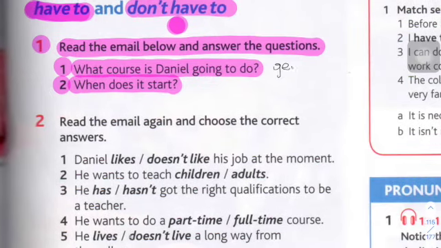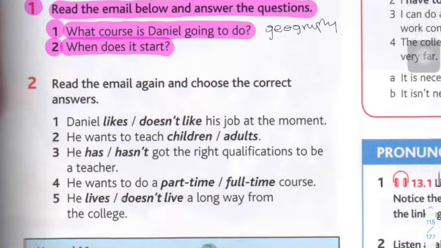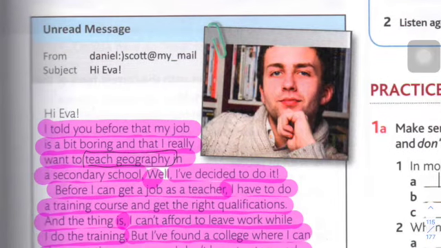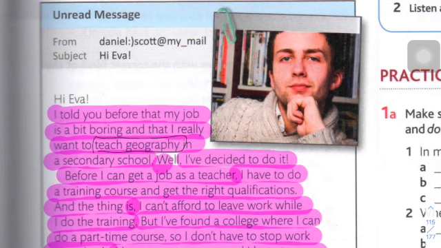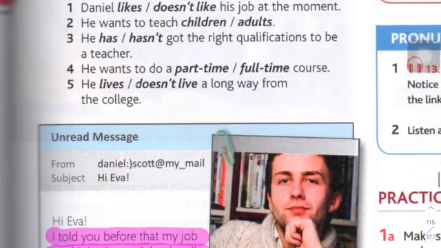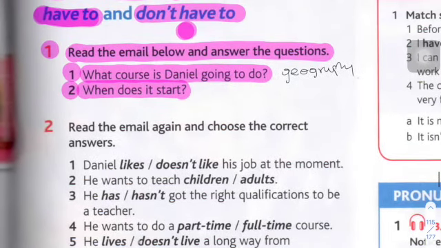That is one option, but it also says the qualifications to be a teacher. He wants to be a teacher and he needs to have the right qualifications. So he needs to do a course to be a teacher.